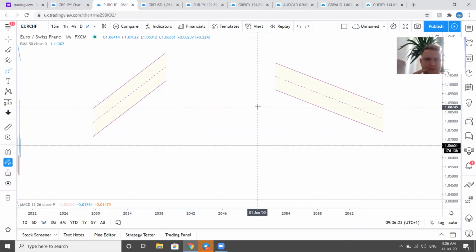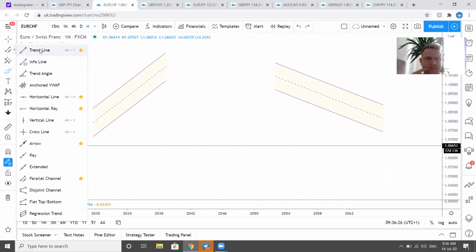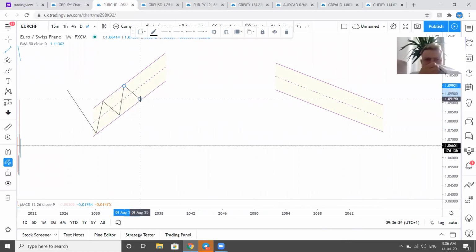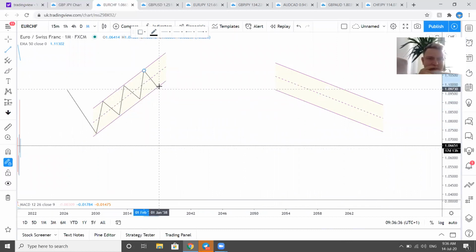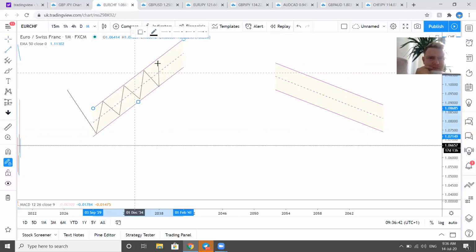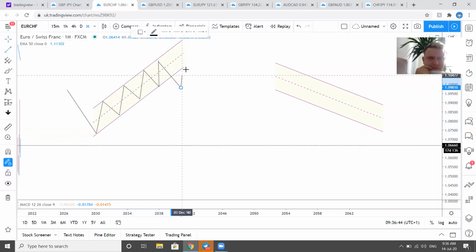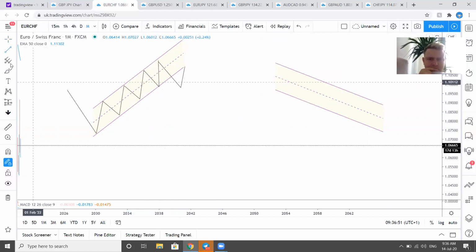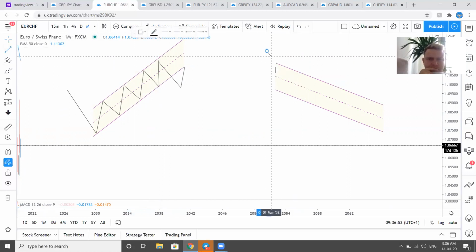But for us to be able to work out targets on a channel, we need to understand. Now, you are never going to get a channel that forms this perfectly. It's just not going to happen. I'm well aware of that. But let's just say that you do. To be able to find the targets on that, and then we'll do this one as well.